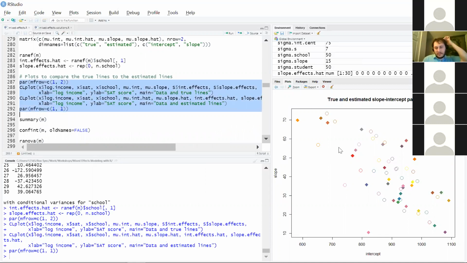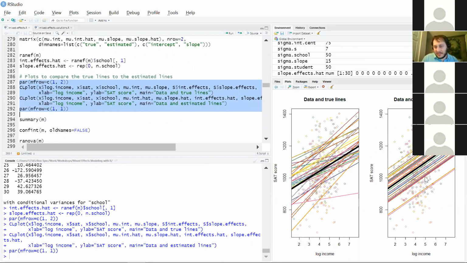Because we know the truth, we can plot these were the true lines, and these are the estimated lines that you get with mixed effects modeling, while assuming that all of the lines have the same slope rather than allowing them to have normal deviations in their slopes. Good.